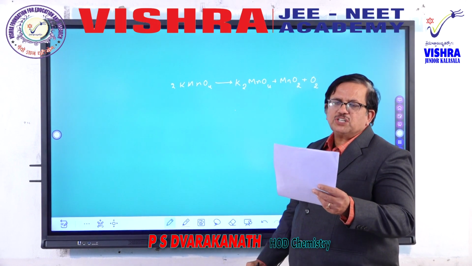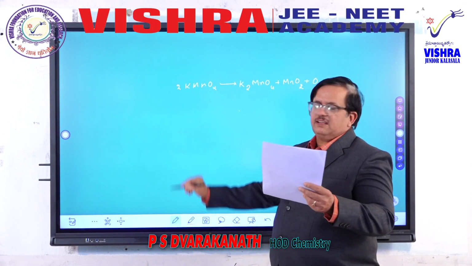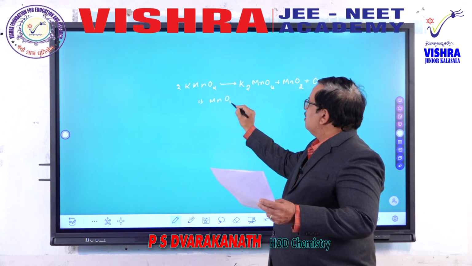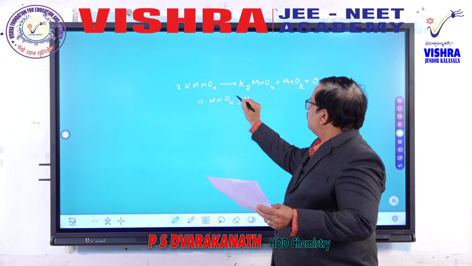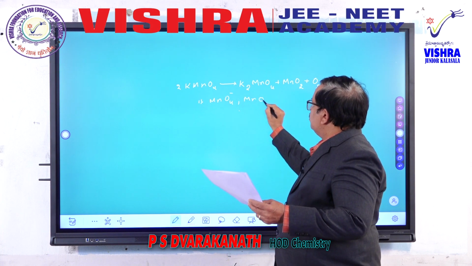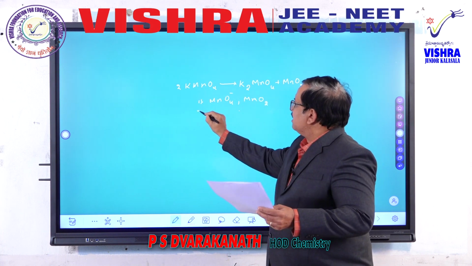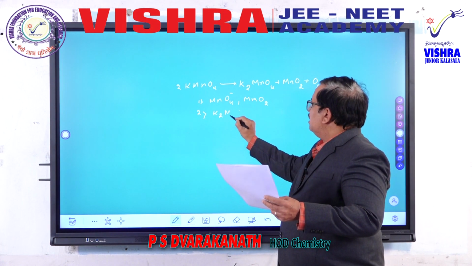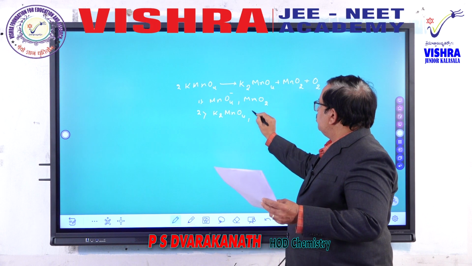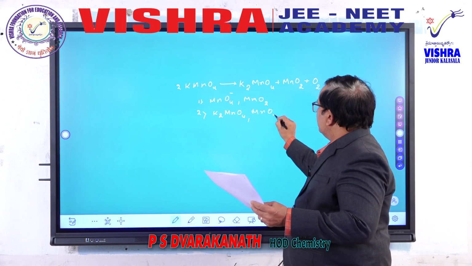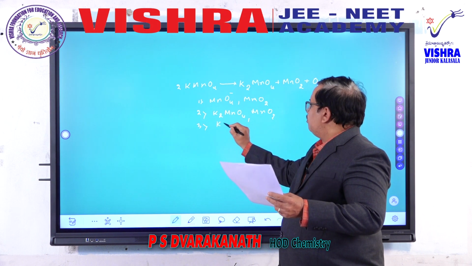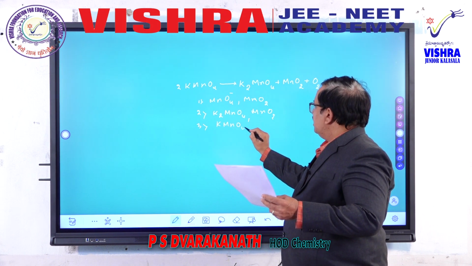The options that are being given, which pair? The first option is MnO4 and MnO4 minus and MnO2. Second option is K2MnO4 and MnO2. Third option, KMnO4 and MnO2.